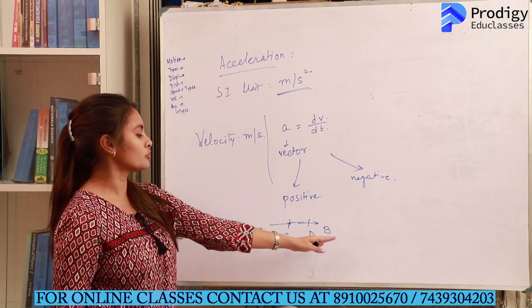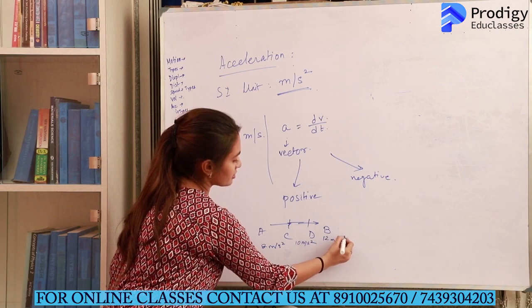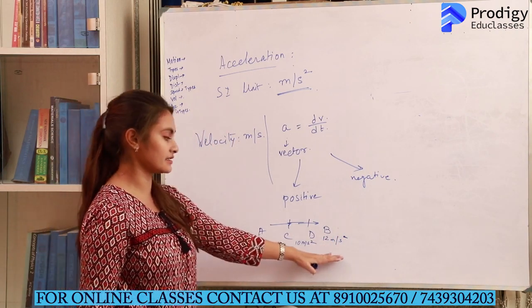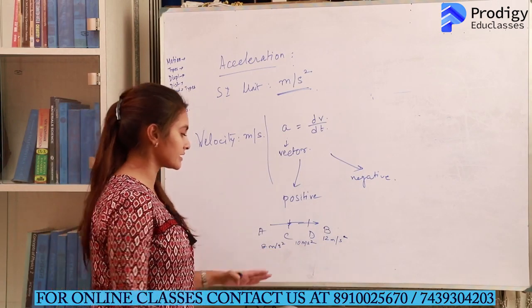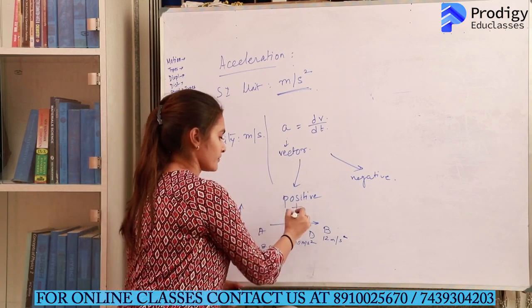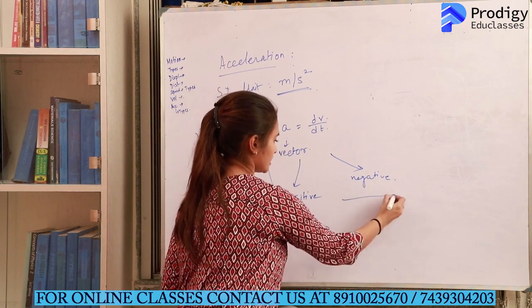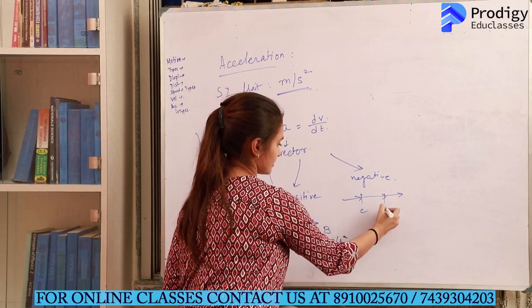And again from D to B, the acceleration increases and becomes 12 meter per second square. So we can see how gradually it is increasing its acceleration. When the acceleration is on its increasing path, then it is known as positive acceleration. And when it gradually decreases, then it is known as negative acceleration.